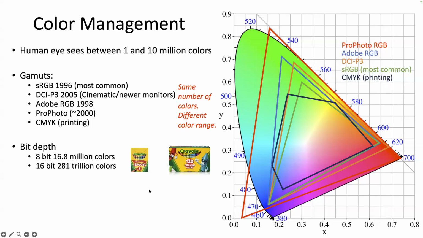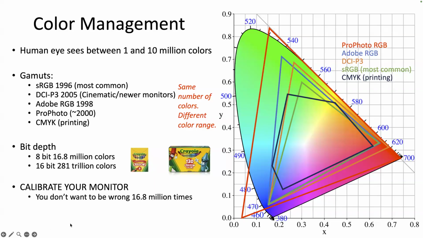You really don't need 16-bit. You don't need 281 trillion colors. So you get a little bit of shading maybe, but that's about it. And then one word of warning, be sure you do calibrate your monitor or whatever device you're looking at. You don't want to be wrong 16.8 million times.